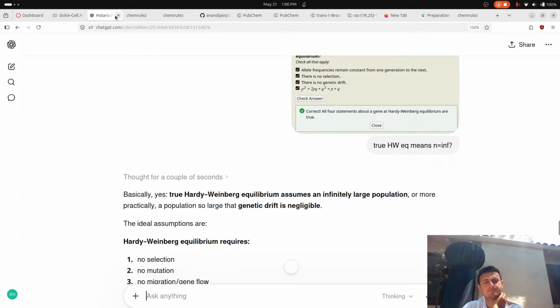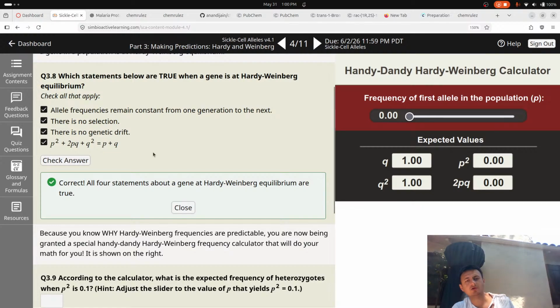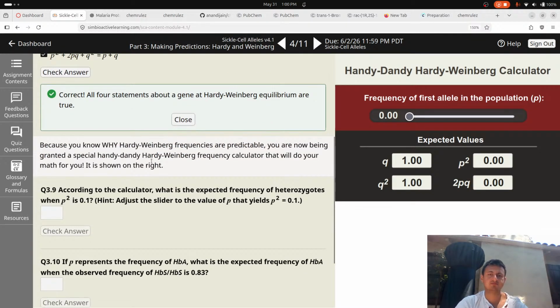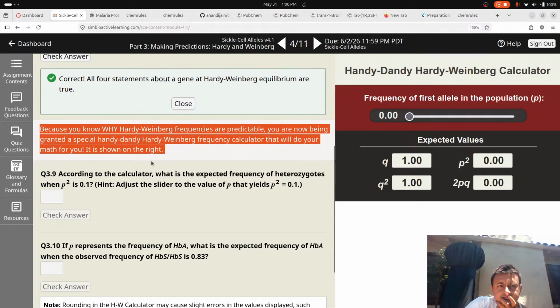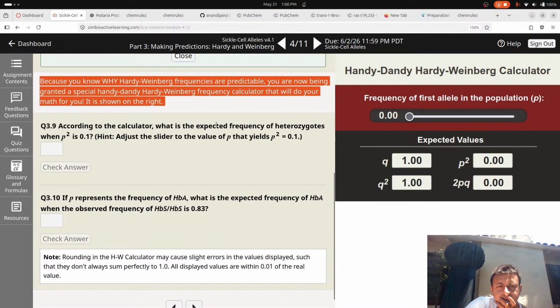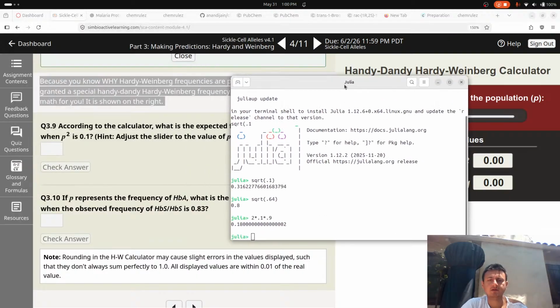Yeah, that's the way I think about it. If the population is so large, genetic drift doesn't happen. That means that the population must be infinite. I'm not using that calculator. Okay.